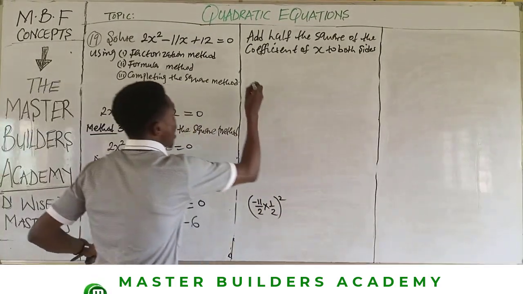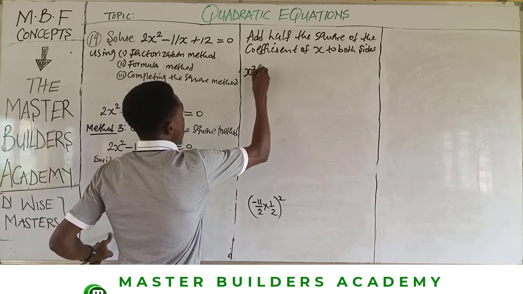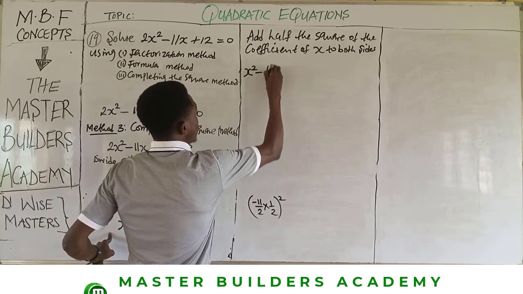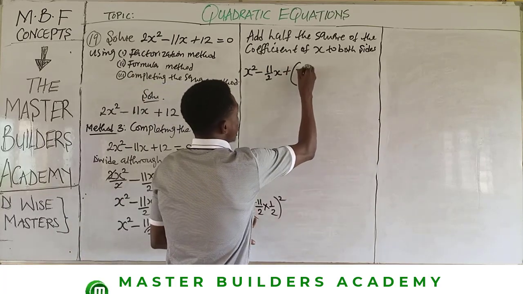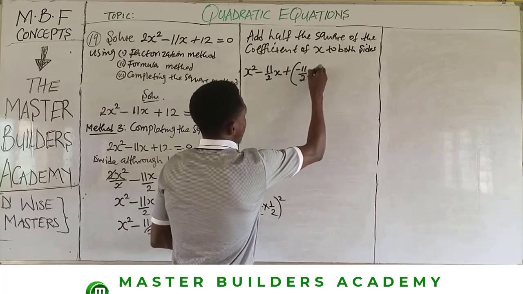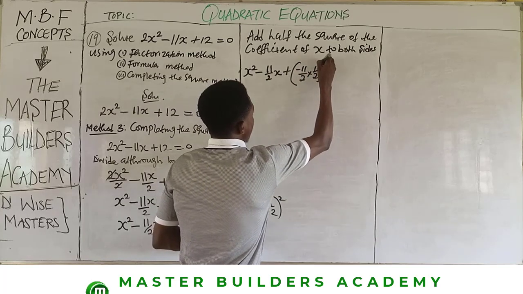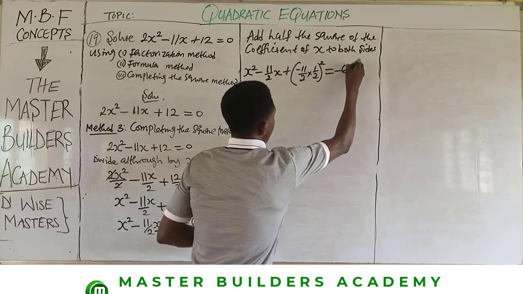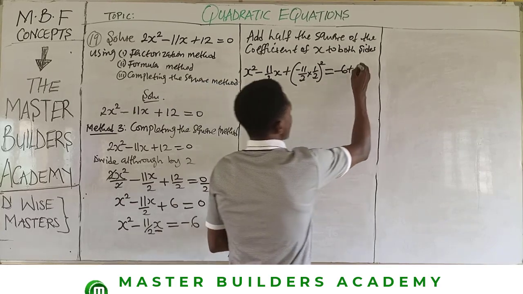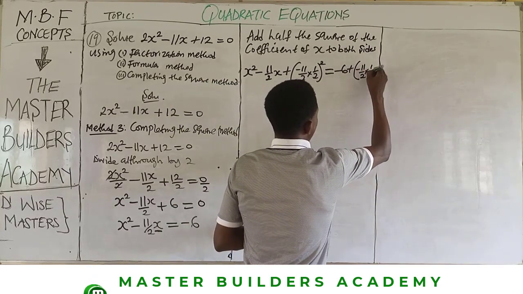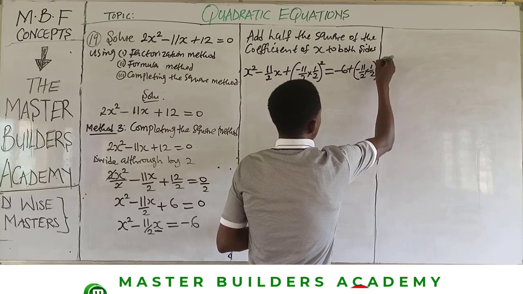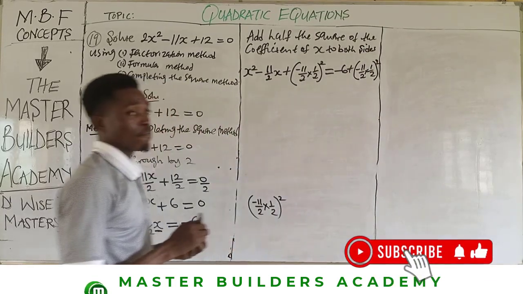Then we have s squared minus 11 over 2x plus this bracket, which is minus 11 over 2 times 1 over 2, squared, is equal to minus 6 plus this same value, minus 11 over 2 times 1 over 2, all squared. It's as simple as that.